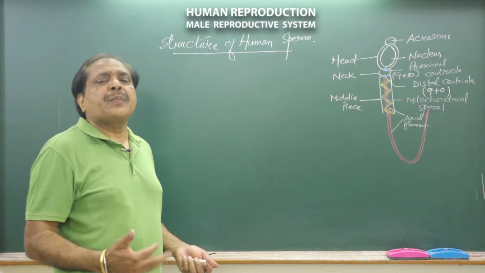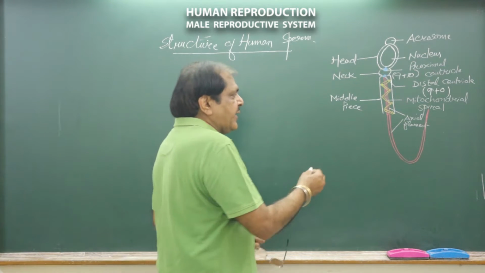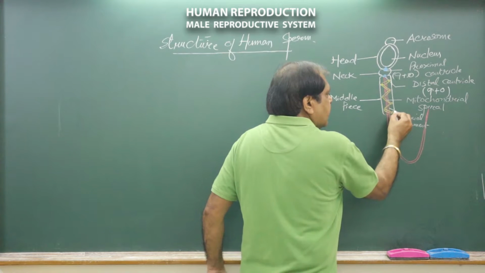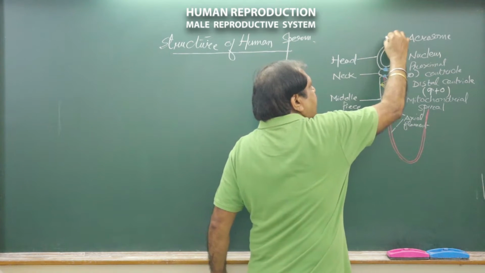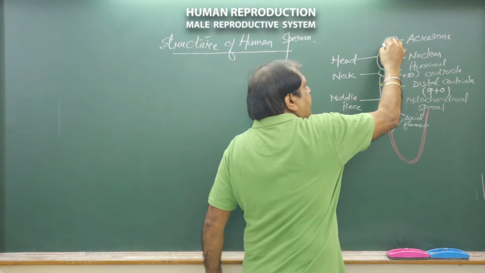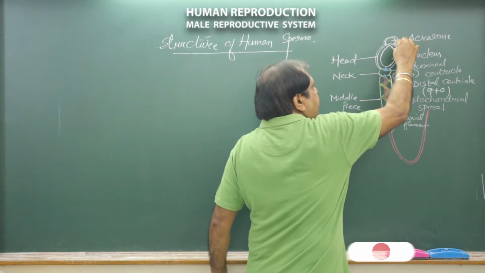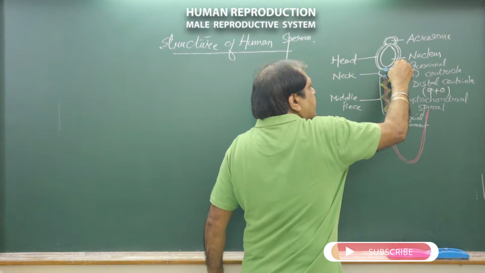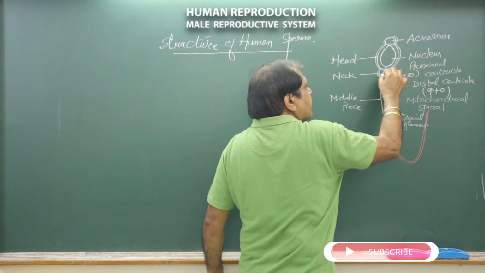Because sperm is a cell, definitely it is covered over by a plasma membrane. This is the plasma membrane all over.